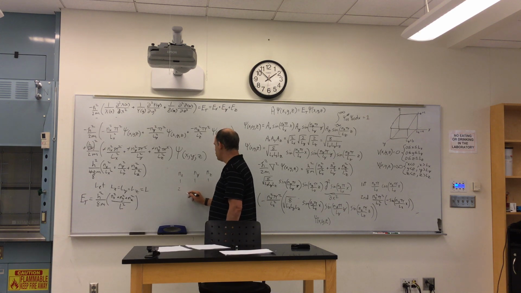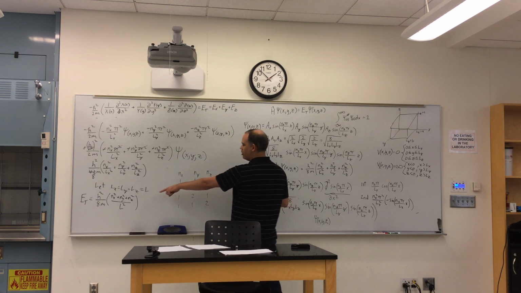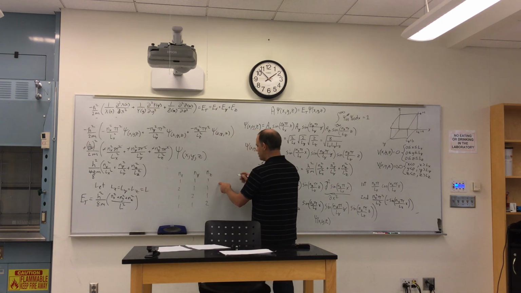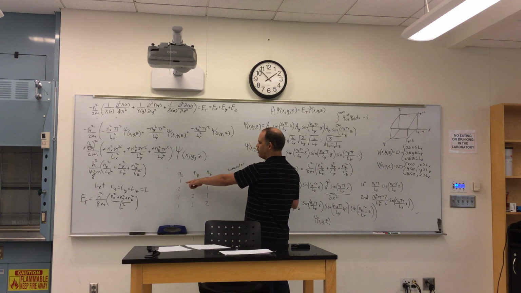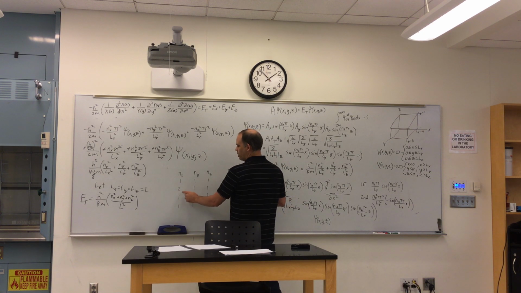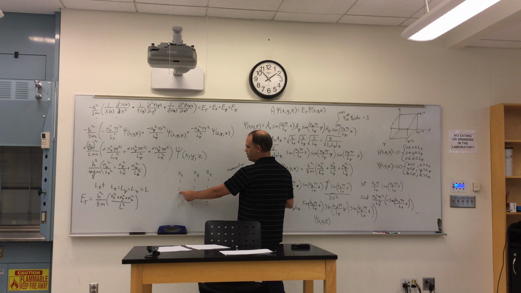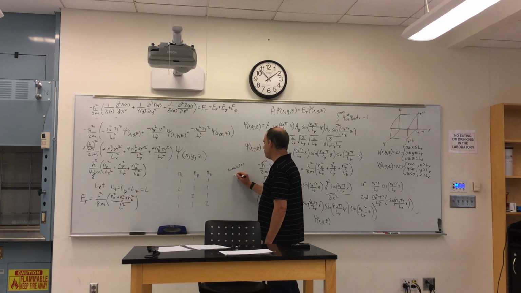So we could have 2 1 1, or 1 2 1, or 1 1 2. Well, if we look at the numerator, 1 squared plus 1 squared plus 1 squared would be 3.